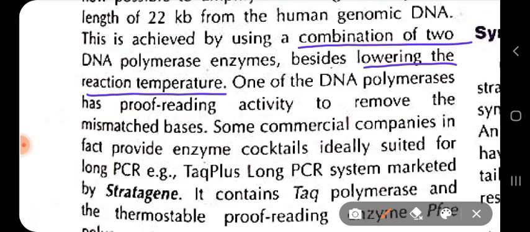They have used a combination of two different polymerase enzymes, and they have lowered the reaction temperature that used to be used in the PCR process, like denaturation at 92 degrees Celsius, renaturation, that is gradually decreasing the temperature up to I think 60, I think 45 maybe, that is called annealing actually, and your synthesis temperature, which is normally about 70, 72 maybe.